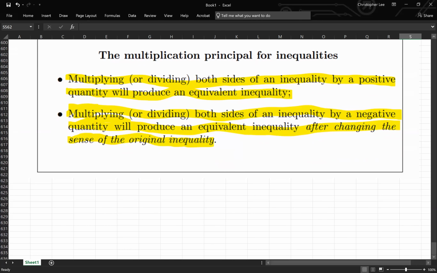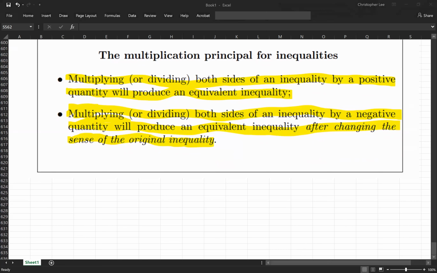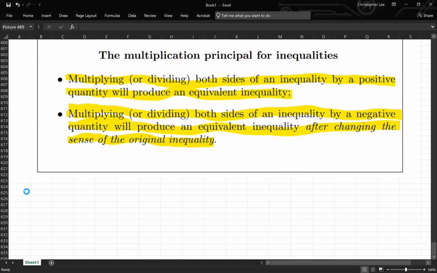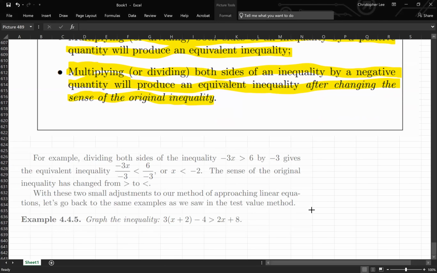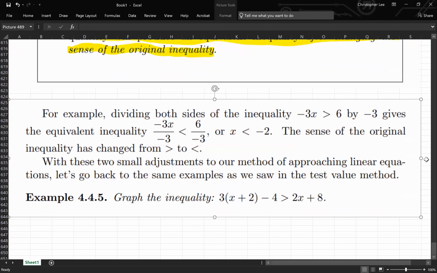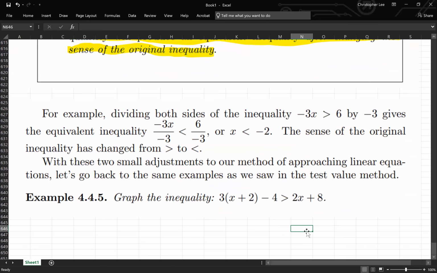So let's take a look at an example. For example, dividing both sides of the inequality -3x greater than 6 by -3 gives the equivalent inequality: -3x divided by -3, that cancels out, and then 6 divided by -3 is -2.